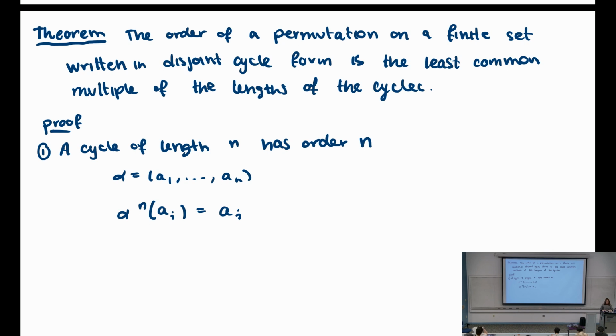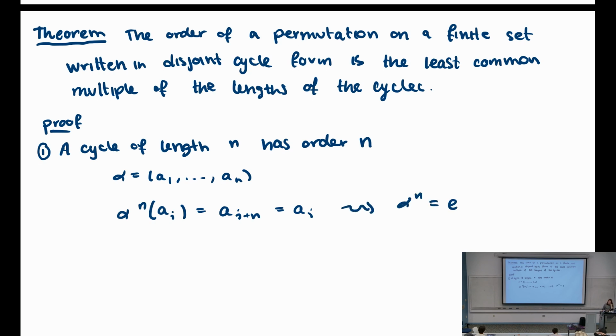So alpha to the n of a_i just adds n to the index of a_i, but we're doing this mod n, so this gives me a sub i. The order is the least number n such that alpha to that n is the identity. So we found an n such that alpha to the n is the identity.